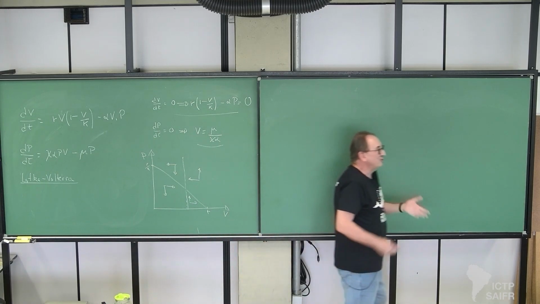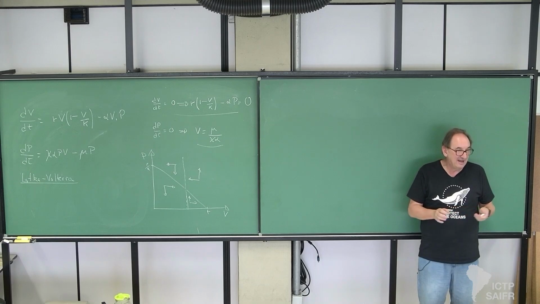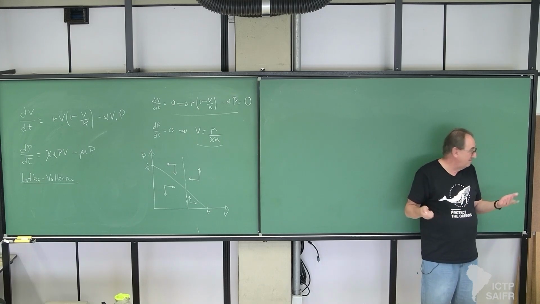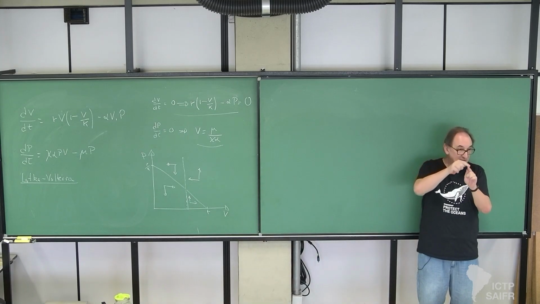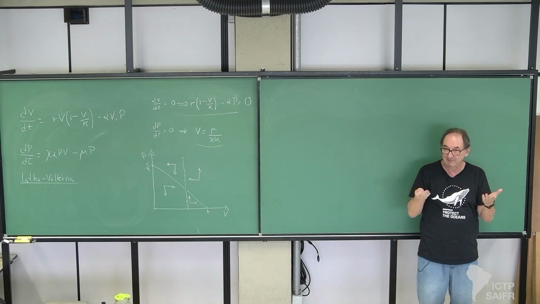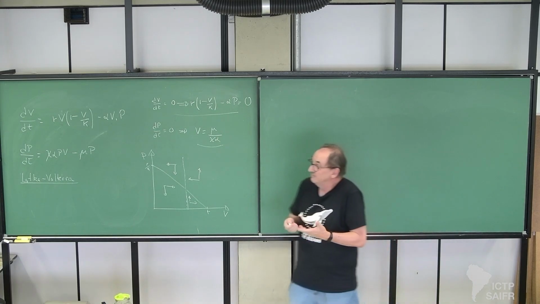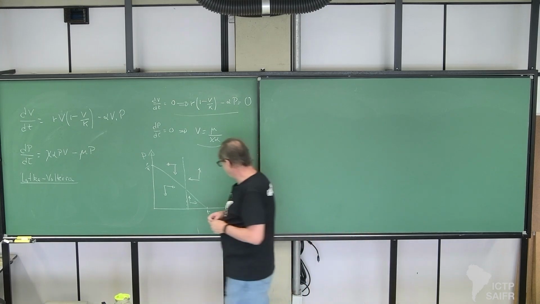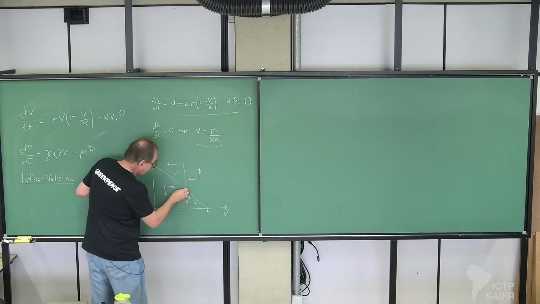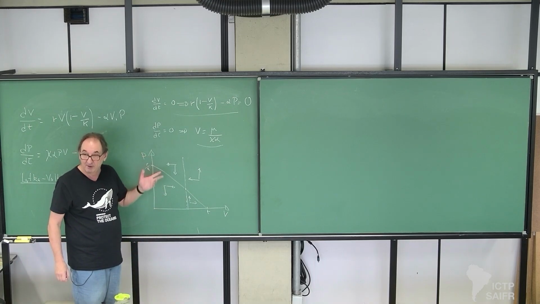But now, with these different nullclines, maybe instead of having a closed curve like I have with Lotka-Volterra, the curve will not close. What will happen? Okay, and so this intersection here is a fixed point.